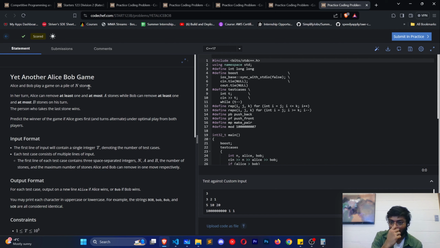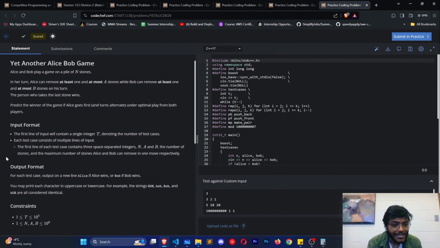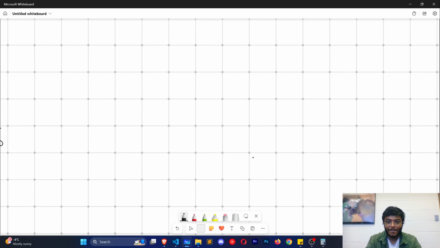So what they are trying to achieve, both of the players, is they want to take so many stones so that the other person won't have any stone left to take. Predict the winner of the game if Alice goes first. The coders are always biased towards Alice, anyways. Yeah, so let's take an example.